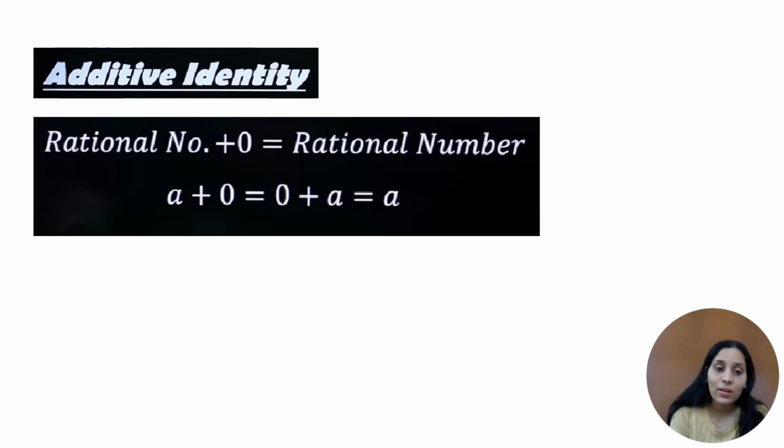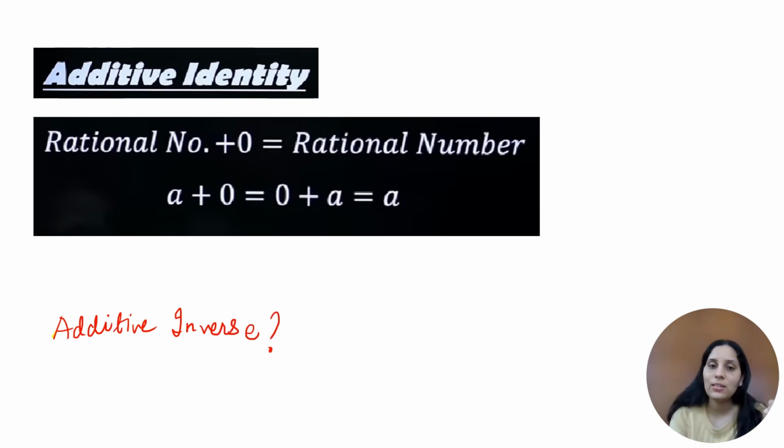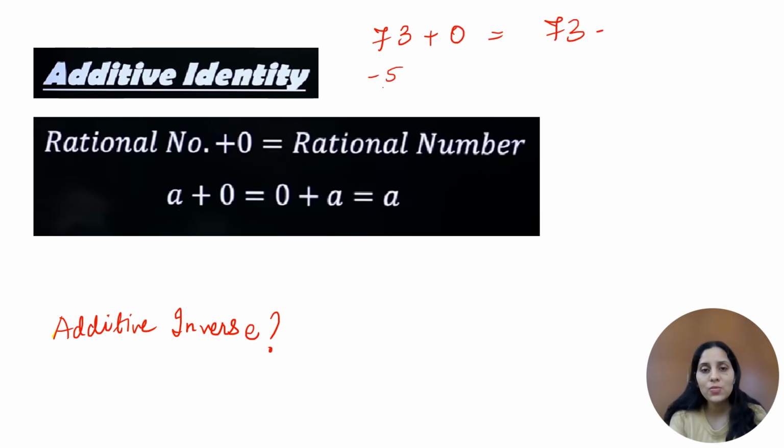Now what is additive inverse? Okay, we'll see this later. Now if I take 73 plus 0, obviously my answer is 73. Or if I take minus 5 by 6 plus 0, I end up having minus 5 by 6. So when you're adding 0 to any number, you end up having the same number.